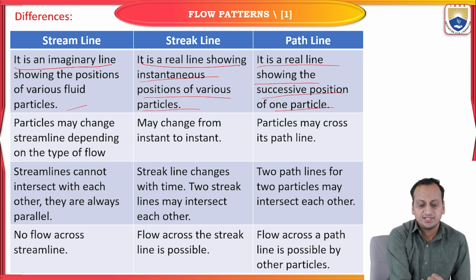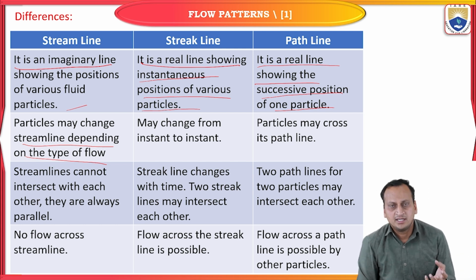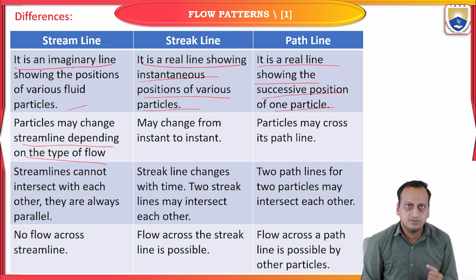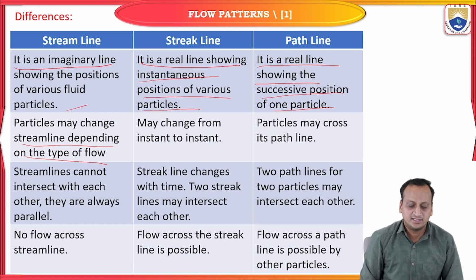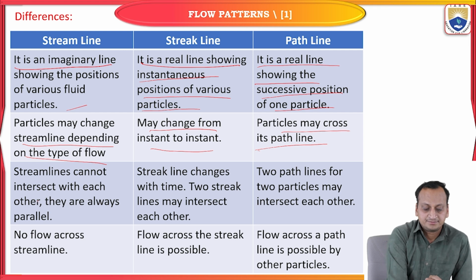The particles may change streamlines depending on the type of flow. For steady flow, they will be the same. For unsteady flow, they will be different. Similarly, a streak line may change from instant to instant. Particles may cross their path lines, but streamlines cannot intersect each other. They are always parallel.